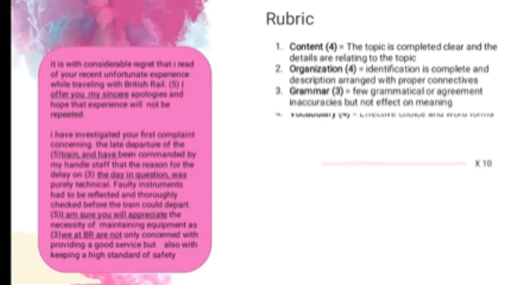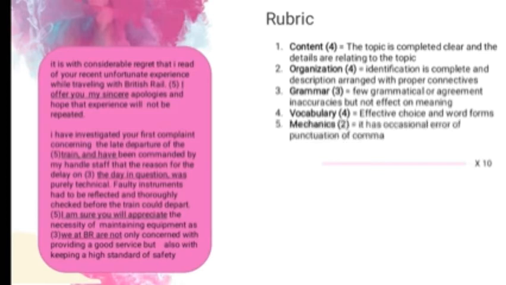And the fourth aspect is vocabulary. I give 4 because this paragraph uses an effective choice of words and word forms. And the last aspect is mechanics. I give it 2 because in this paragraph there is an occasional error of comma punctuation.